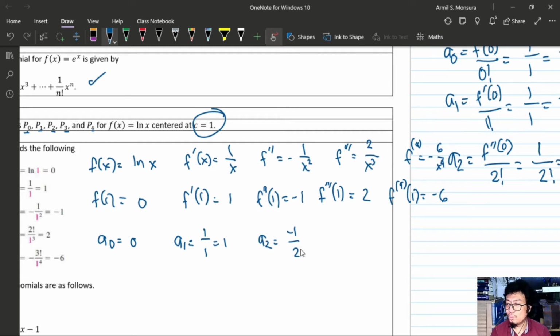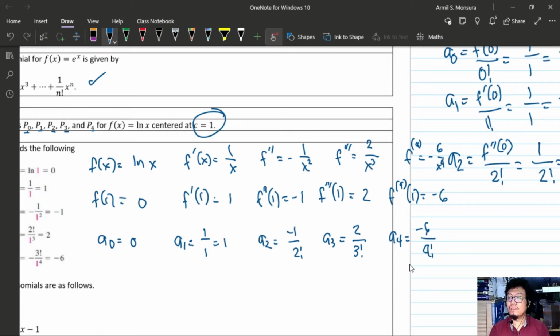A3 is 2 over 3 factorial, and A4 is negative 6 over 4 factorial.